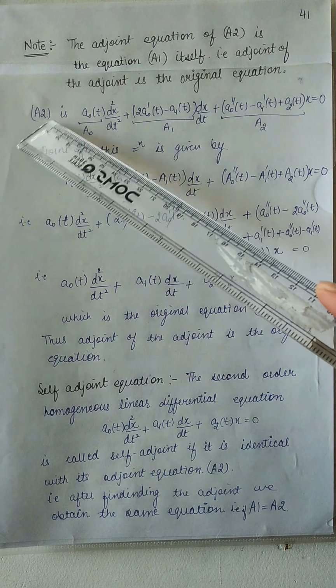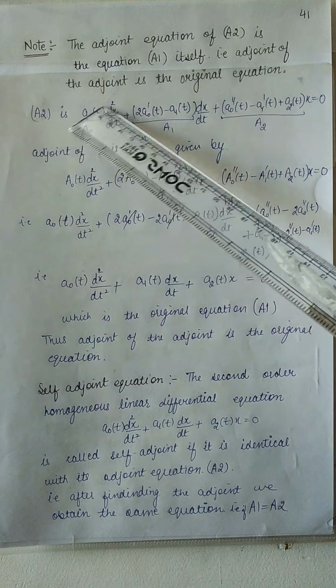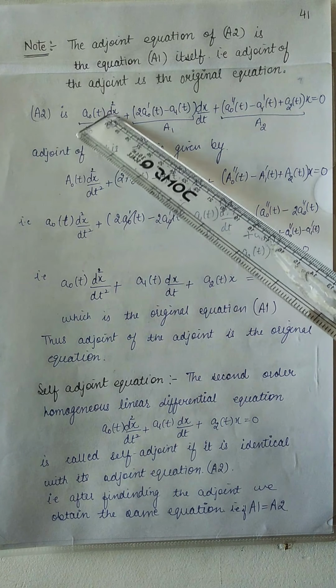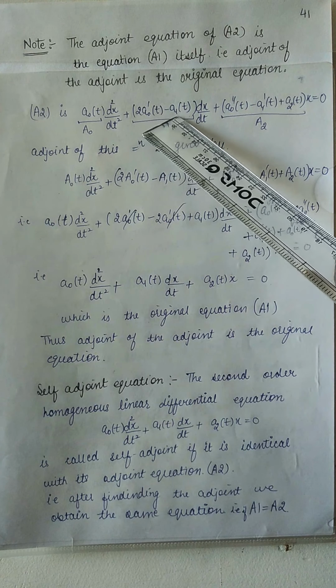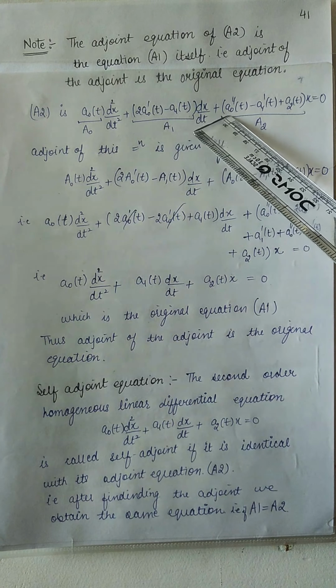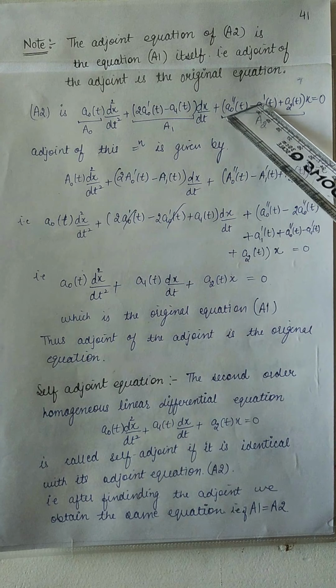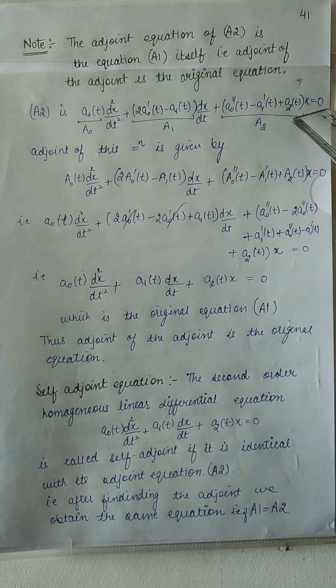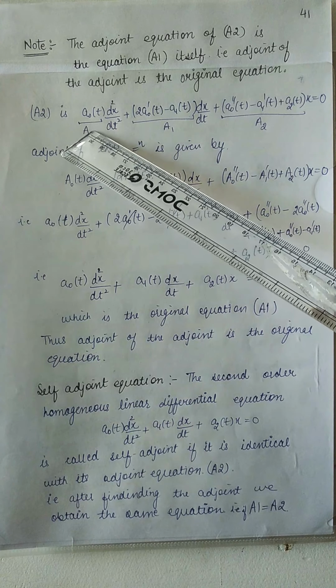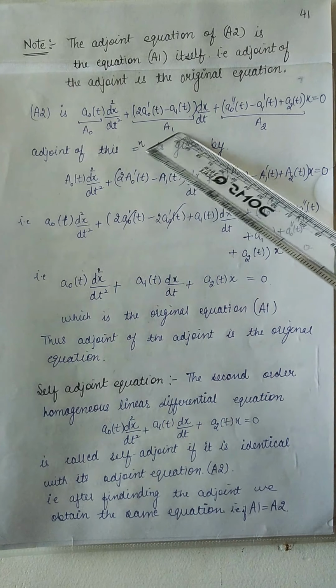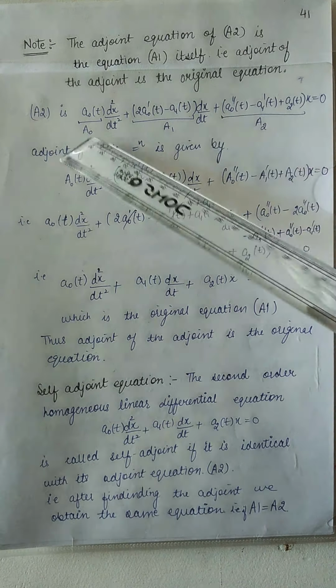Because our A2 is of the form a0(t) d square x by dt square plus (2a0'(t) minus a1(t)) dx by dt plus (a0''(t) minus a1'(t) plus a2(t)) x is equal to 0. Now use capital A0, capital A1, capital A2 to represent these terms.